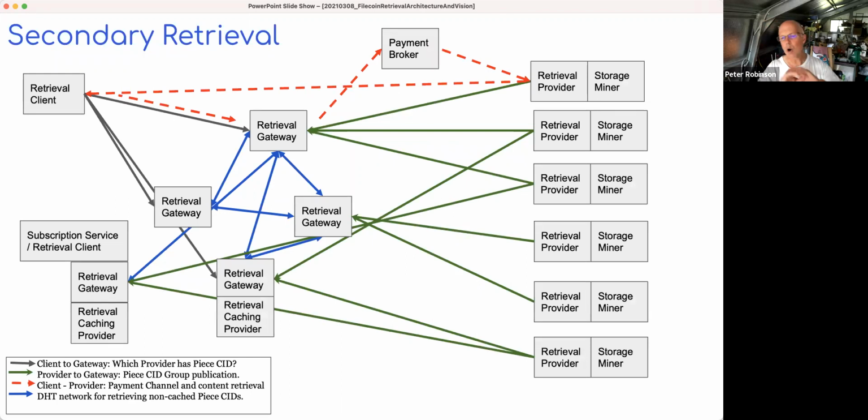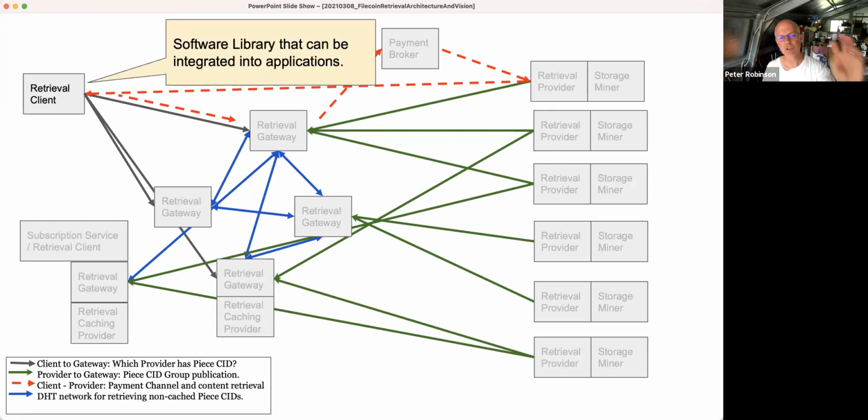So the overall big picture is this. So you have a retrieval client, which is a software library, and you can integrate that into applications. And so you're going to say, I want a piece CID and a CID within that piece of information.